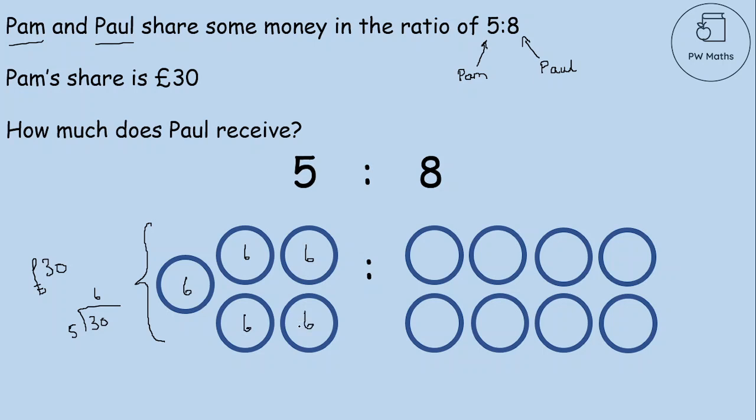Now because ratio is always equal, that means that each part that Paul has is also worth 6. And Paul has 8 of them, so just a quick calculation of 8 times 6, Paul's part is worth £48.